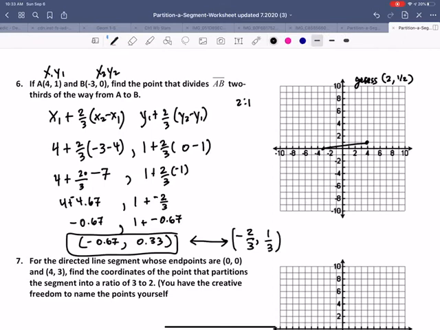Now let's see if that's close. Negative 2/3, 1/3.